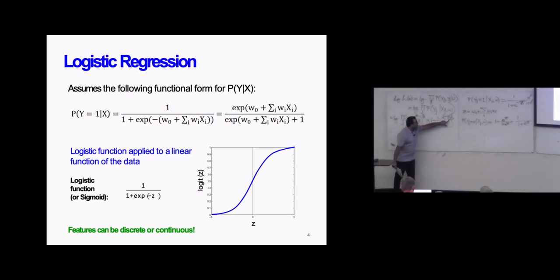But if this is 0, then 1 minus 0 is 1, and this term prevails. So we are essentially handling both cases with a single function. Any question on this function? So it's essentially the conditional probability represented with one single function rather than two different cases.